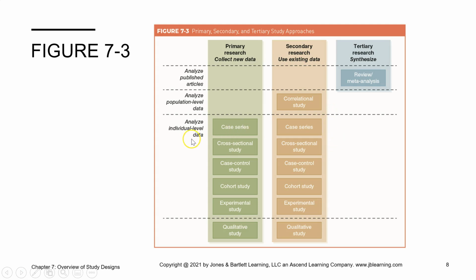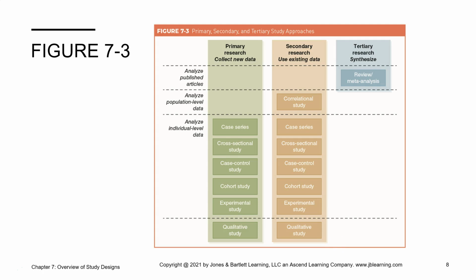Now for analyzing individual level data, population level data is actually just data that's reported about, say, a specific country, a specific town. It's not actually individual. But individual data can be a primary study, and it can also be secondary research here. Then you can also look at individual data in a qualitative manner.